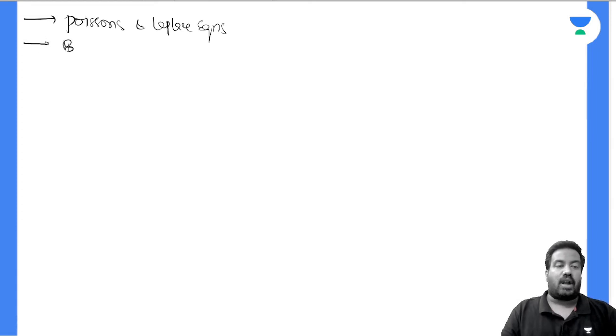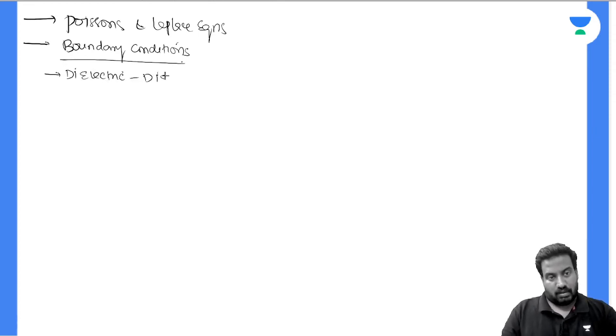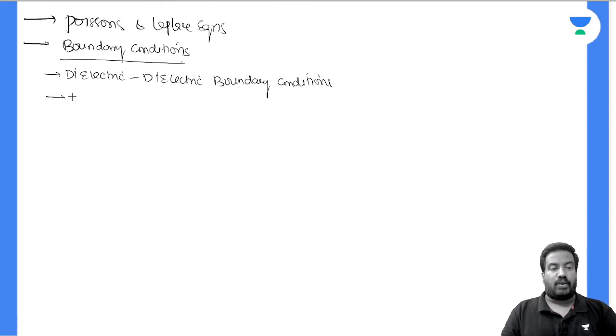And also we had solved boundary conditions. What are boundary conditions, dear? In boundary conditions we have dielectric boundary conditions and dielectric conductor boundary conditions.